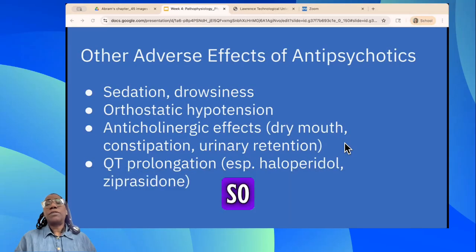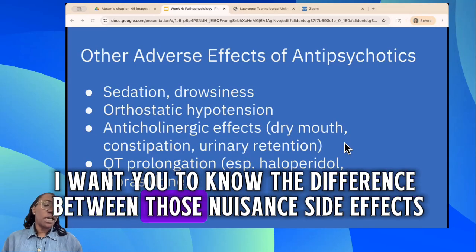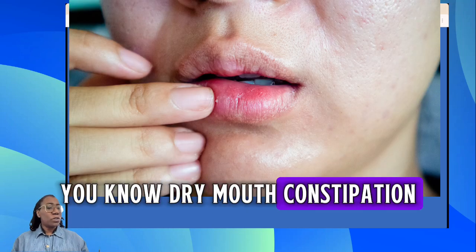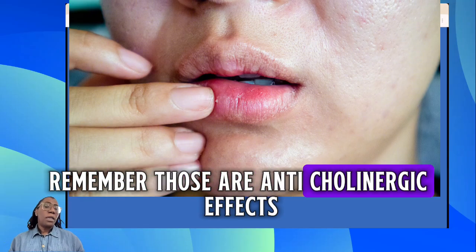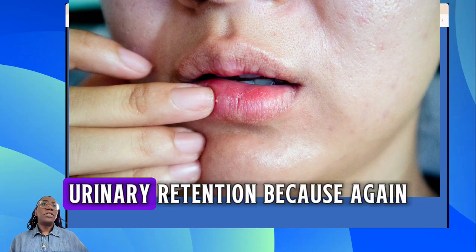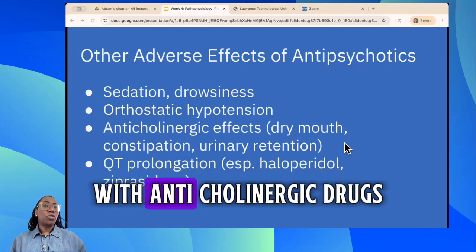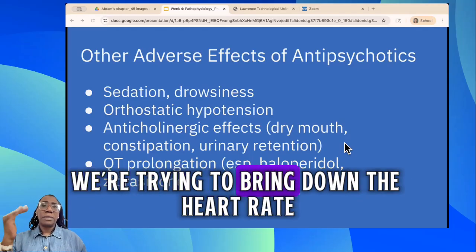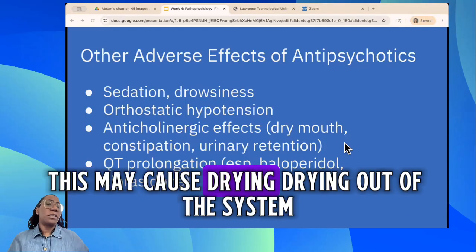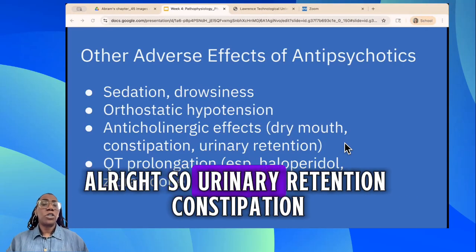So I want you to know the difference between those nuisance side effects like drowsiness, dry mouth, constipation. Remember, those are anticholinergic effects. So dry mouth, constipation, urinary retention. Because again, with anticholinergic drugs, we're trying to bring down the heart rate, keep down the blood pressure. This may cause drying out of the system. All right. So urinary retention, constipation, dry mouth.